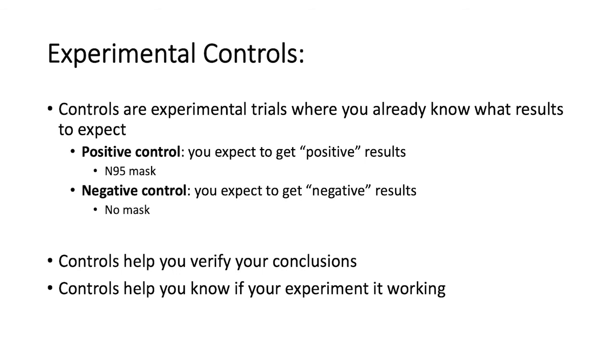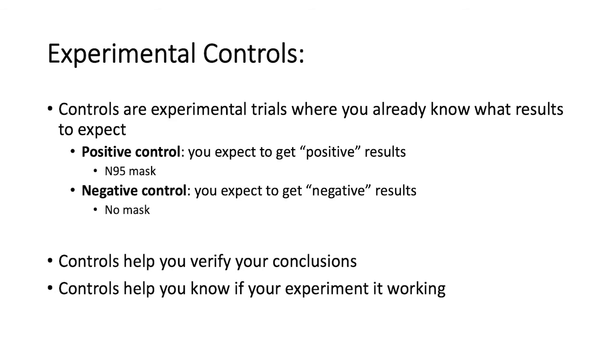A positive control is something you put in your experiment where you expect to get positive results. For example, if we used an N95 mask in our experiment, we already know from previous tests that N95 masks block about 95% of virus particle transmission, something like that. I could be wrong on that number, but it's a high number.